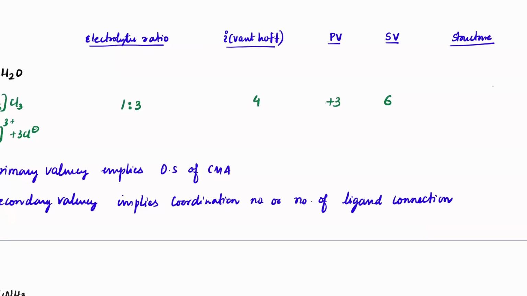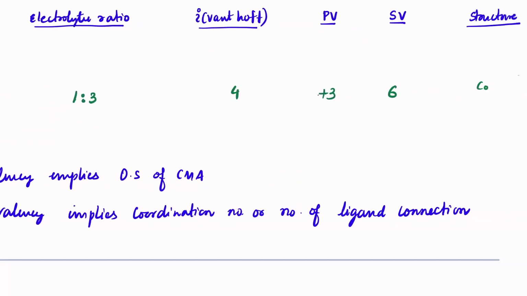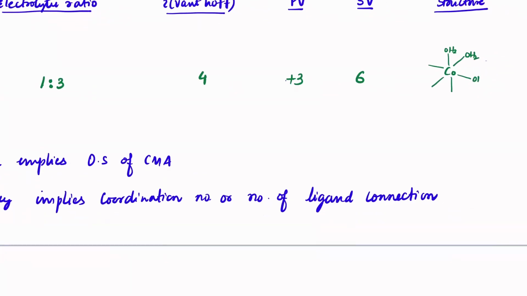So how do we represent the structure also? We have cobalt here, and then we have 6 water molecules. 6 water molecules imply 6 connections like this: OH2, OH2, OH2, OH2, OH2, and OH2.